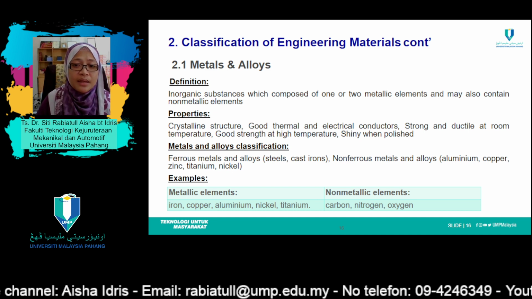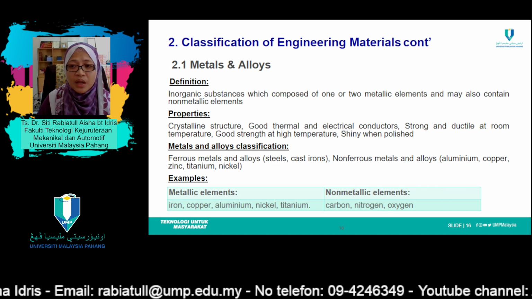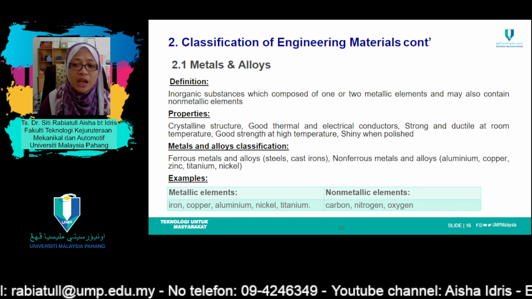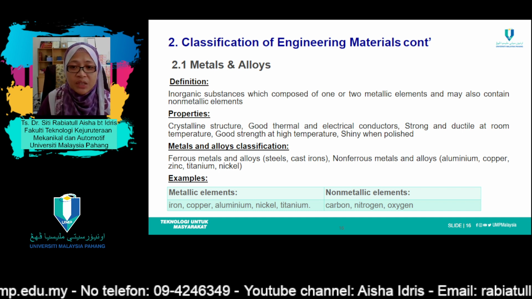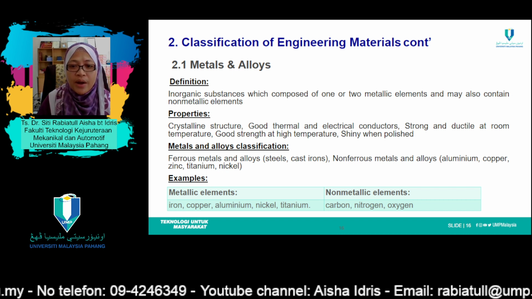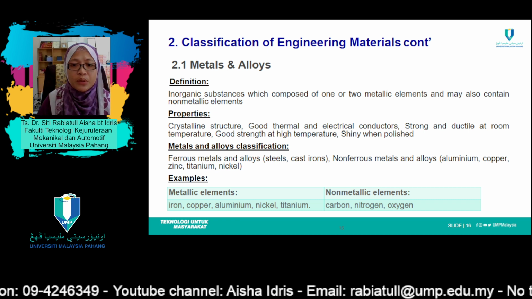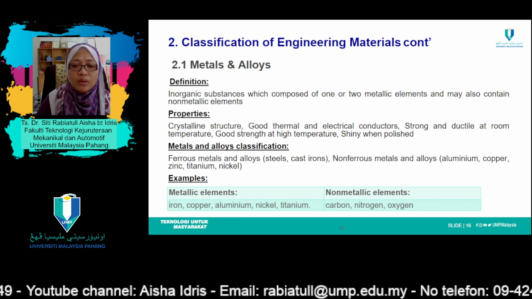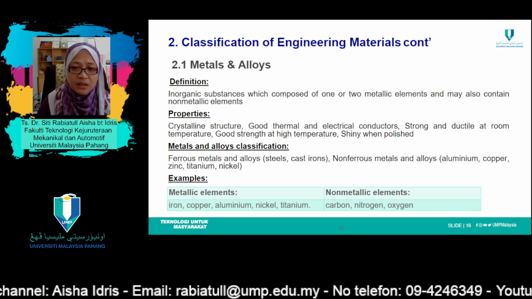Its properties are a crystalline structure with good thermal and electrical conductivity, strong and ductile at room temperature, good strength at high temperature, and shiny when polished. As for the classification, there are ferrous metals and alloys, and non-ferrous metals and alloys. We'll see these differences in the next chapter.